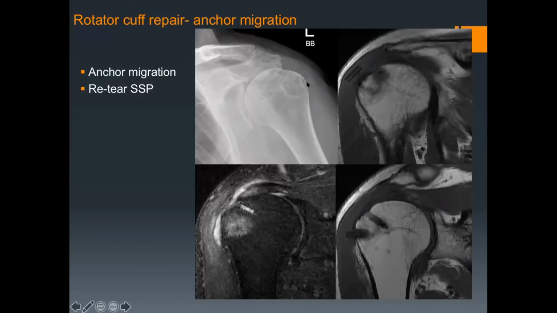When this went to MR, you can see the displaced anchor on this coronal T1 image, and the distal row anchor has started to back out of the bone. You can also see evidence of a recurrent rotator cuff tear on this coronal fluid sensitive image with a full thickness defect in the supraspinatus. So carefully interrogating the metalwork is key in these cases, as it can be quite subtle.